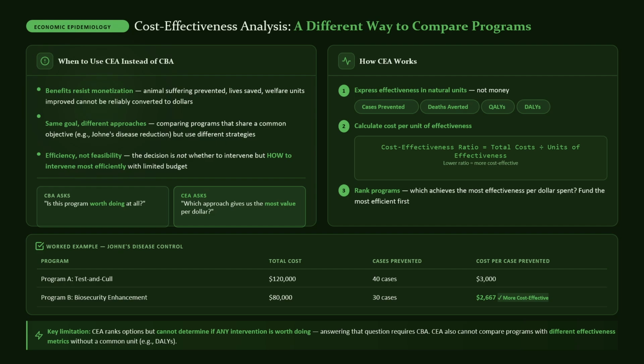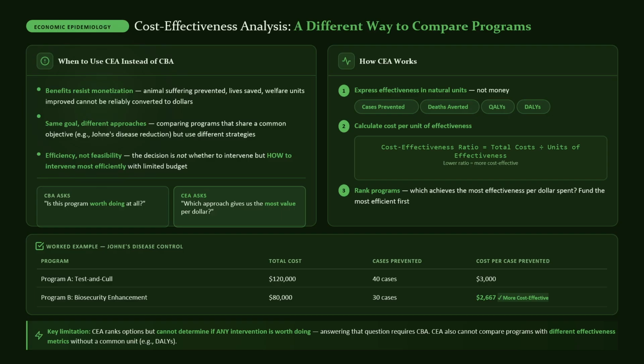Sometimes you can't convert benefits into dollars. How do you price animal suffering prevented or lives saved? That's where cost effectiveness analysis comes in. Instead of money, you measure outcomes in natural units: cases prevented, deaths averted, or DALYs. Then you calculate cost per unit of effect, and the lower the ratio, the more cost effective. Take Johne's disease control. Program A, test and cull, costs $3,000 per case prevented.